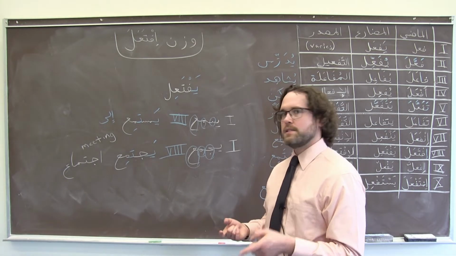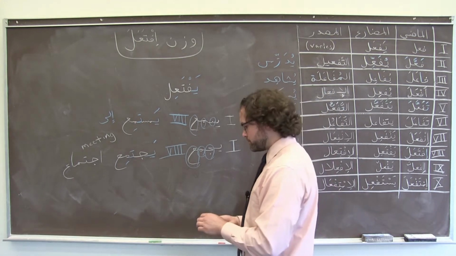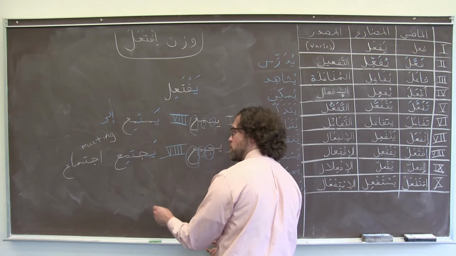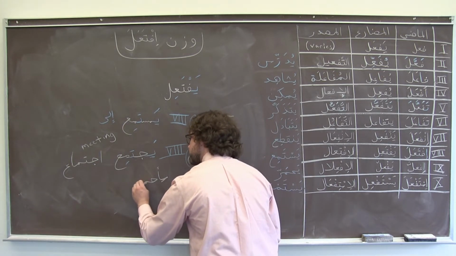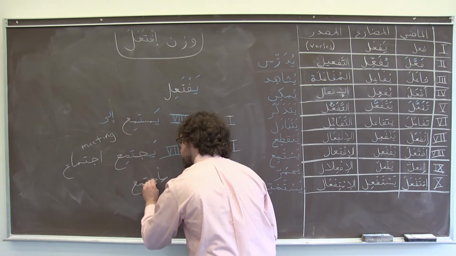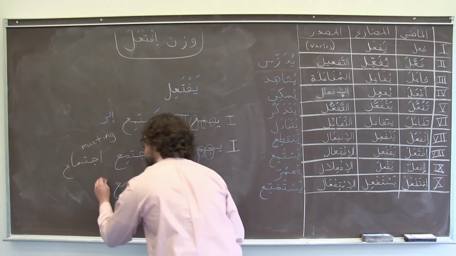But if I wanted to say, I will get together with my friends, then I would need to use the preposition ma'. So, sa ajtami'a ma'a asdiqa'i.